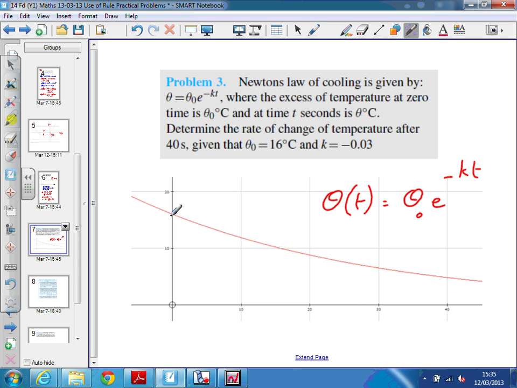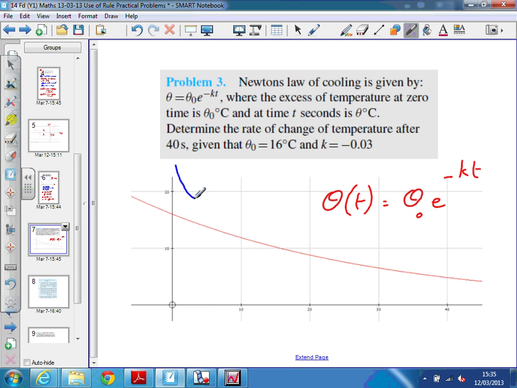You would expect, common sense would tell you, that as you approached room temperature, the rate of cooling would reduce, wouldn't it, until you approach room temperature and it levels off. So the further you are above room temperature, when you start to cool down, the greater you'd expect the rate of cooling would be.